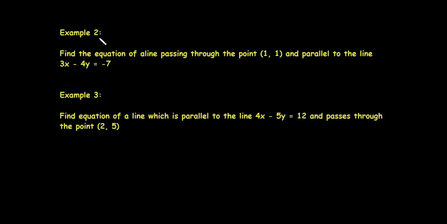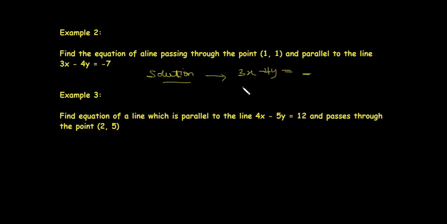In example 2, we are finding the equation passing through the point (1, 1), and it's parallel to this line. So from our principle, what do we know? Let's look at the solution using our shortcuts. So we know that 3x minus 4y will be maintained, but it should be equal to something we are yet to know.